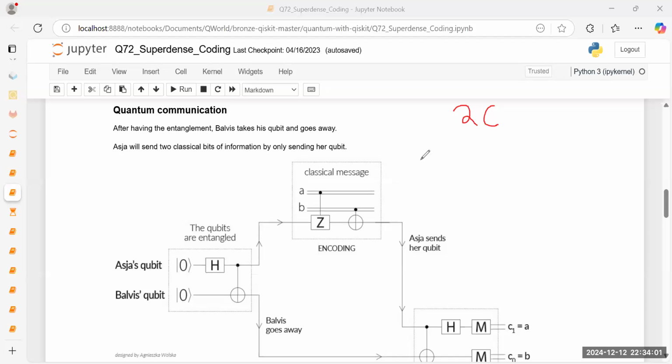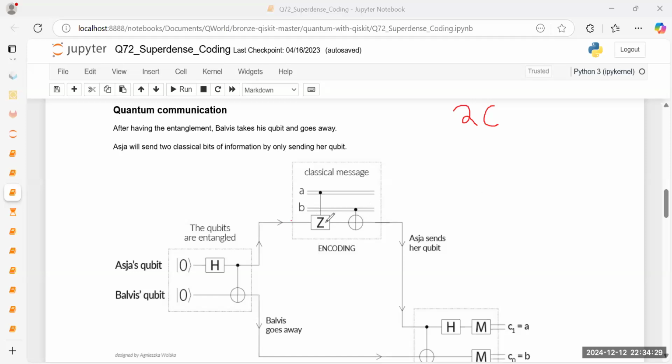To encode the classical information in her qubit, she's going to decide whether to apply a couple of quantum operators in order to encode this information.